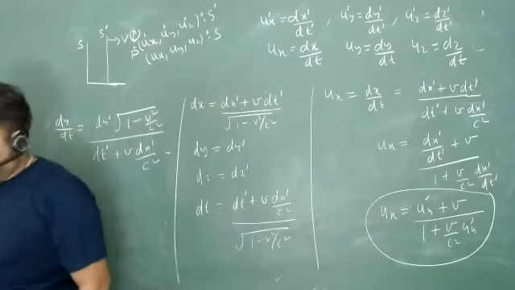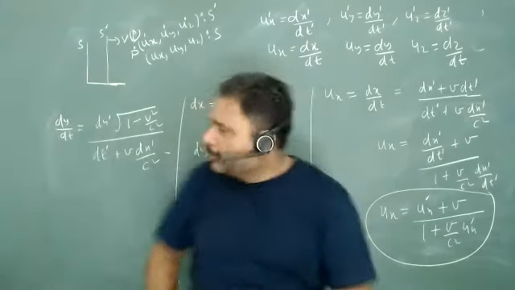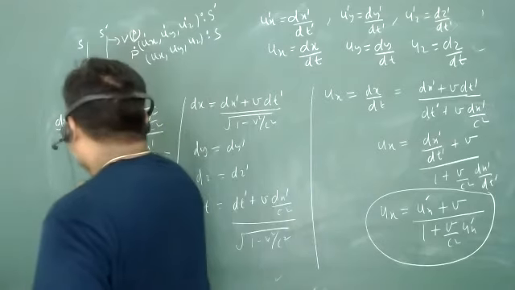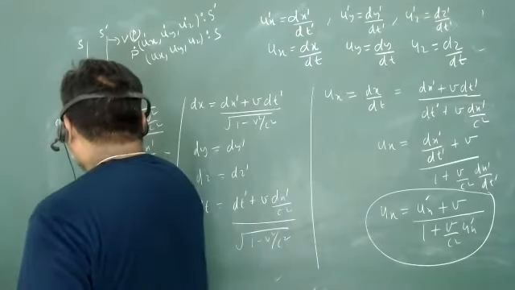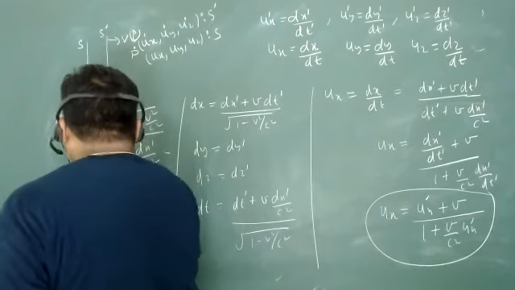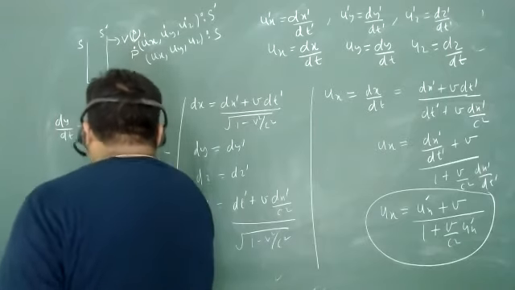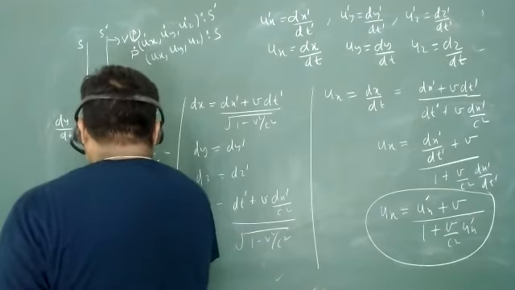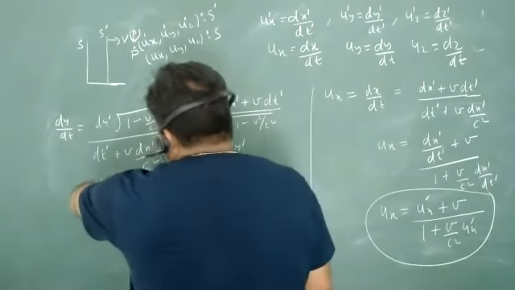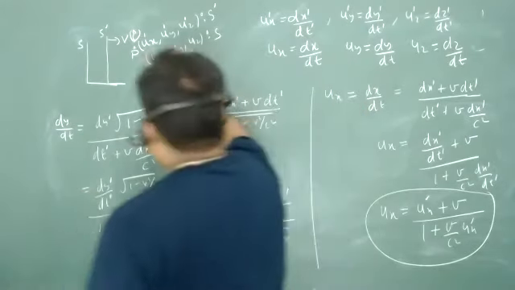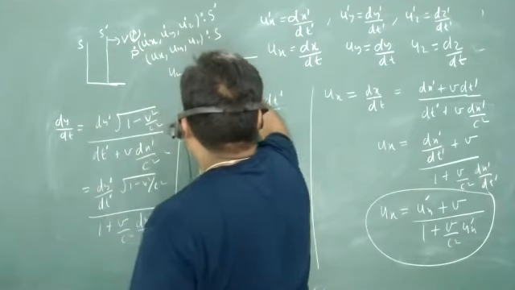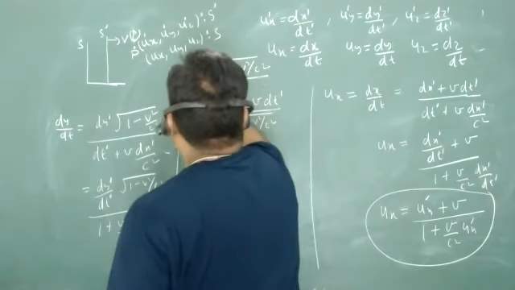Now again I have to divide dt' up and down. So I will get dy' upon dt' root under 1 minus v square upon c square, divided by 1 plus v upon c square times dx' upon dt'. And what is dy' upon dt'? This is nothing but uy'. So I can write uy as uy' root under 1 minus v square upon c square, divided by 1 plus.